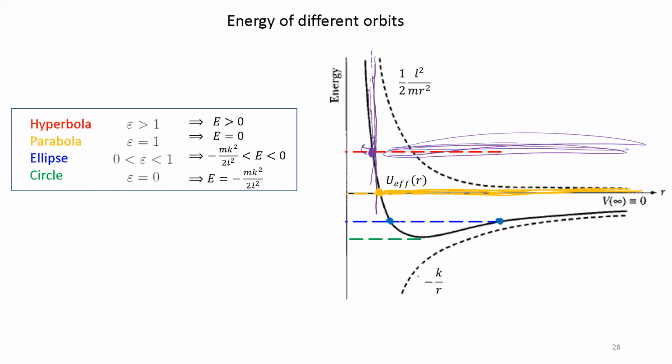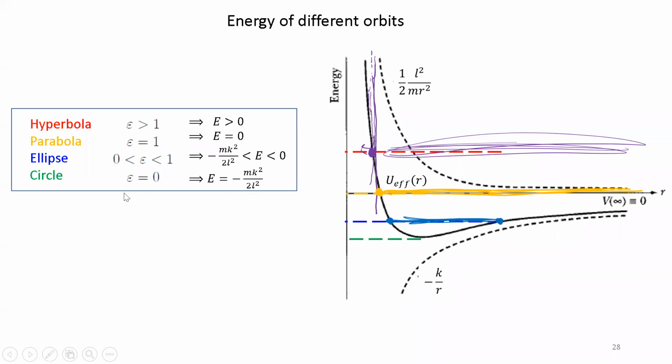The particle is free to move like this. This really corresponds to what we had for the ellipse, because for the ellipse, you indeed have the R min and the R max. So this is the R min, and this is the R max.